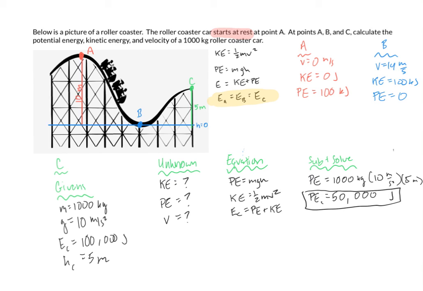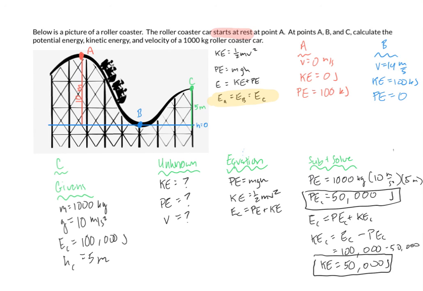My kinetic energy can be found using my third equation, E at C equals PE plus KE, both at point C. So my kinetic energy is equal to my total energy minus my potential energy, or 100,000 minus 50,000, which gives me a kinetic energy of 50,000 joules.